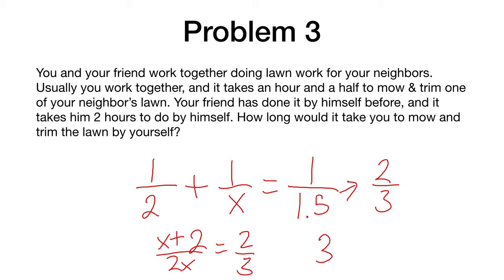So 3x plus 6 equals 4x. That means 6 equals x. That's right. It takes you 6 hours to do it by yourself.